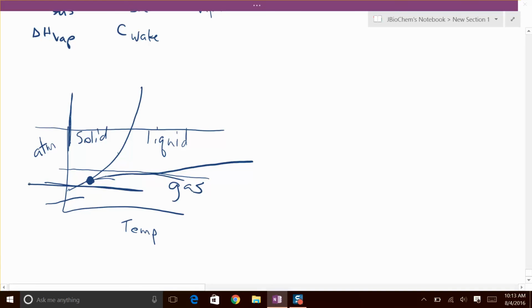So water, at our atmospheric pressures, we would go through all three phases, but carbon dioxide would go right here. As you see, if I increase the pressure, carbon dioxide could go through those different phases.